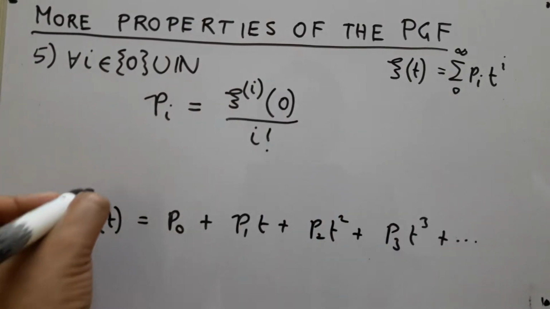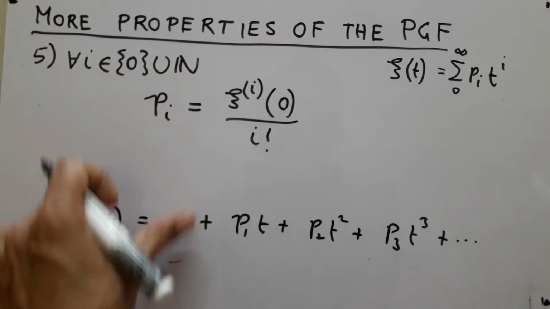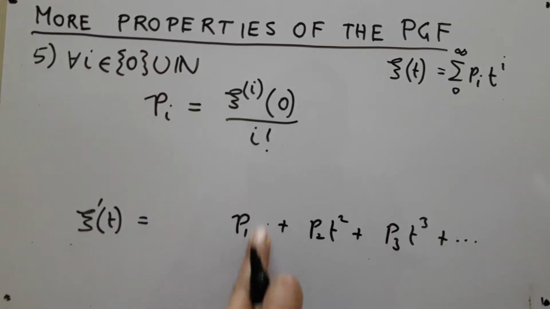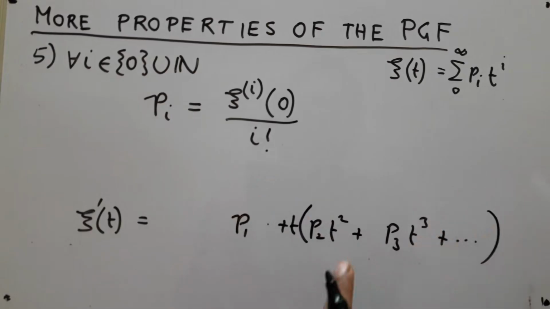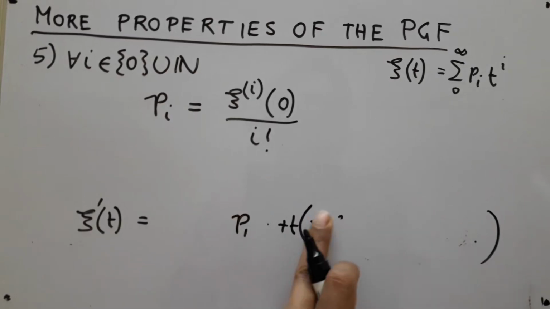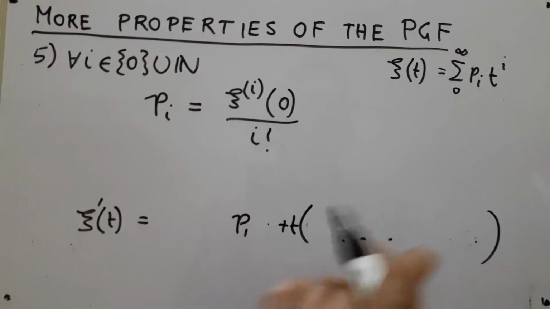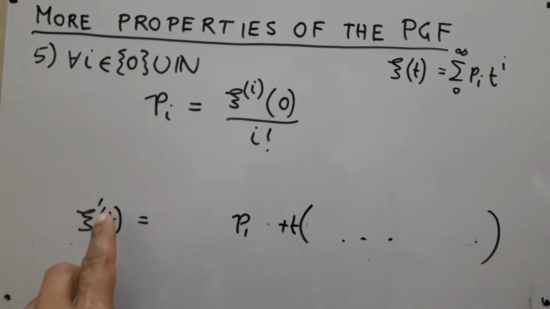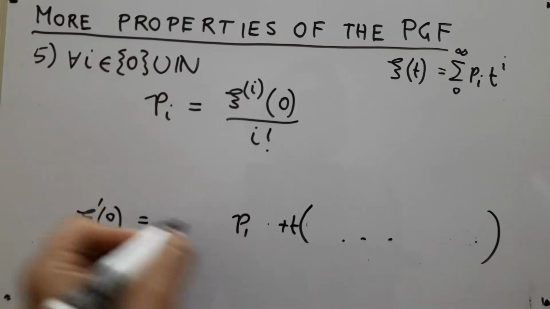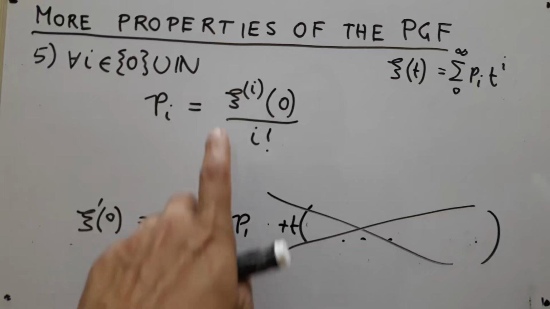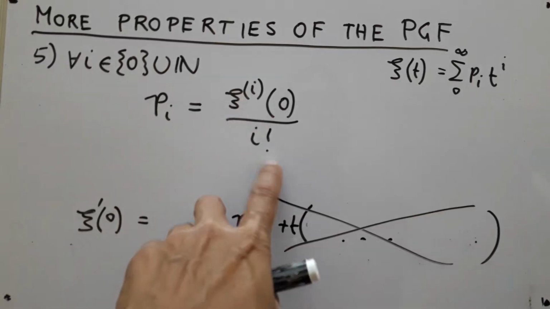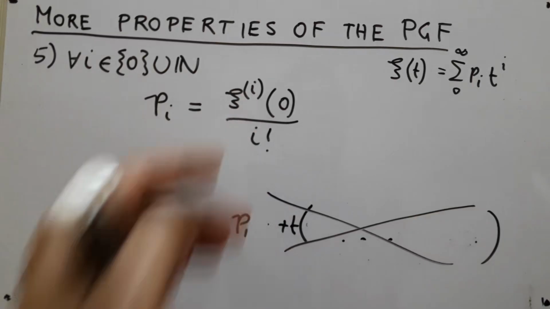Okay, I differentiate it once, then this dies, and we are left with this, and whatever the thing is, it is p times something. I do not care what it is, but all these things will have at least some t in it that I have taken common. So when you evaluate this at 0, this entire thing dies and you are left with p1. So it is p1 and you are dividing by 1 factorial, which is 1.